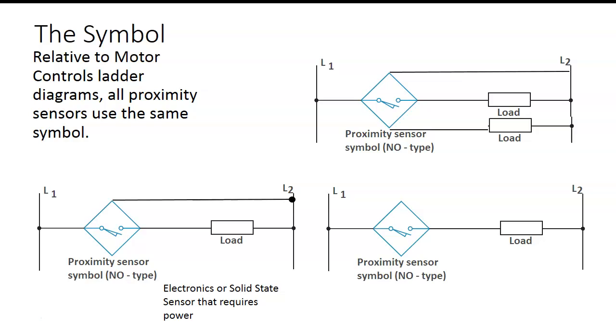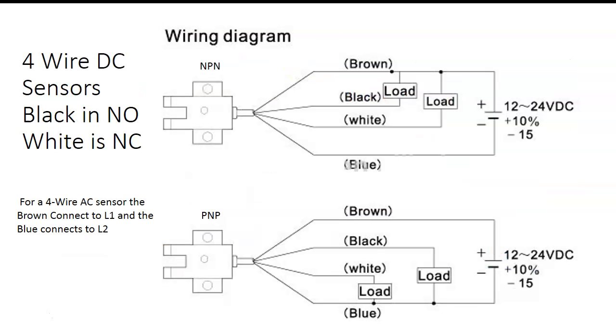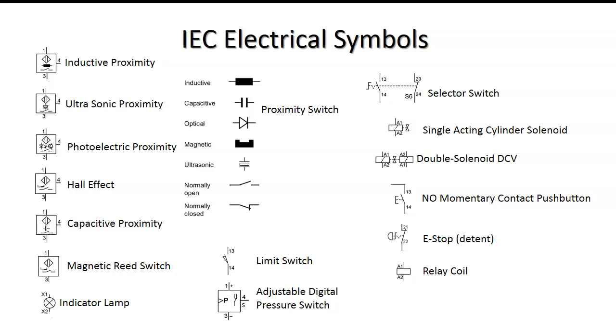When we get into programmable logic controllers, they move over to the International Electrotechnical Commission IEC symbols, which are international symbols. Then they actually identify the type of sensor it is.